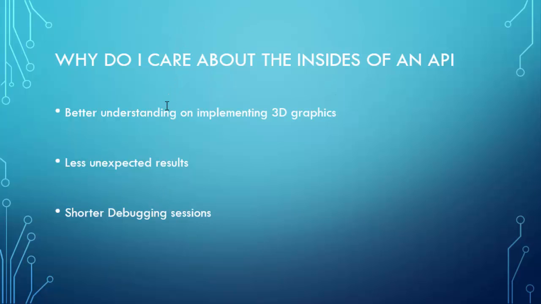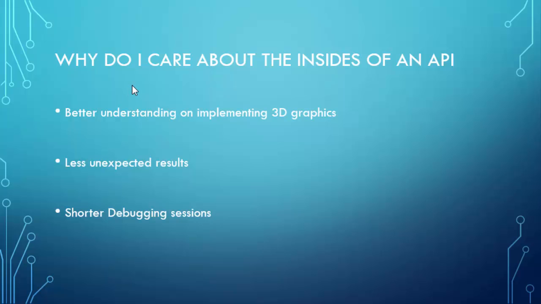Same kind of concept with the APIs. I want to know what's inside it, so I know what I want to use and how I want to use it. It will also give me less unexpected results. So, say I go to implement global illumination, something I want to aim for later. I will know what I'm implementing, so I know what to expect out of it.